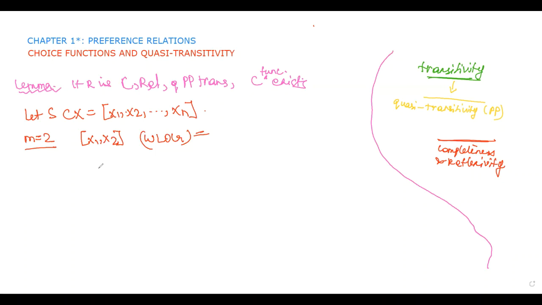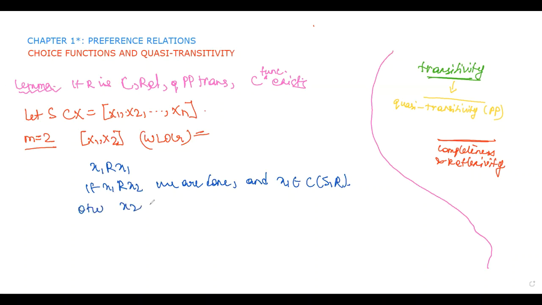So x1 R x1 by reflexivity. Now, if x1 R x2, we are done, and x1 belongs to C(S, R). Otherwise, x2 R x1 by completeness.